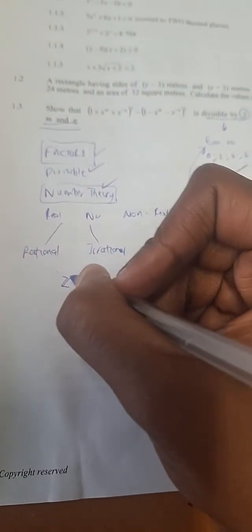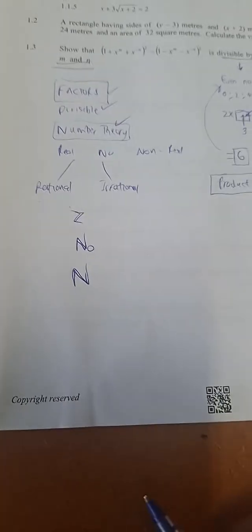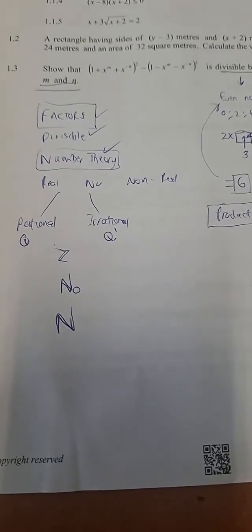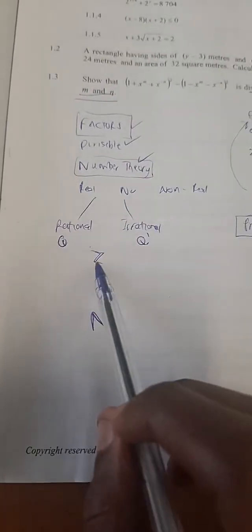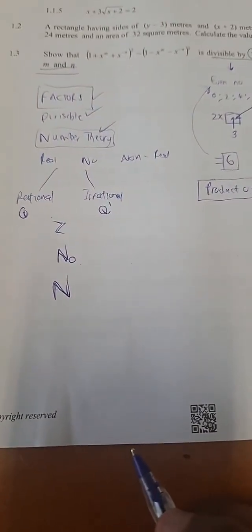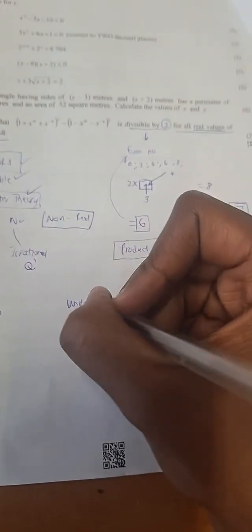You need to know what integers are, the symbol for integers, what whole numbers are, what natural numbers are, rational numbers, by the way, the Q, and irrational numbers, the Q that has an apostrophe. These are symbols you need to know. You need to know what an integer is, what a whole number is, what a natural number is. Okay? And what is a non-real number? What is a number that is undefined?